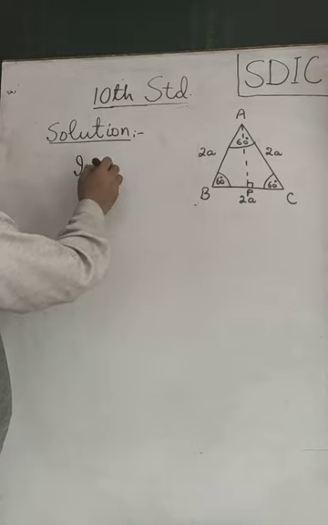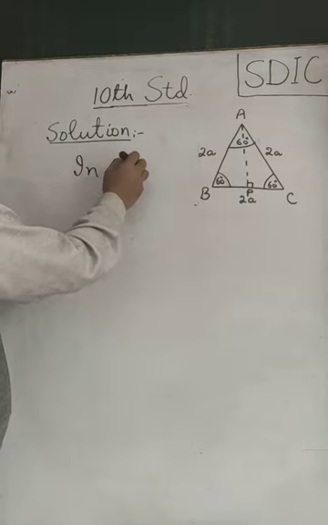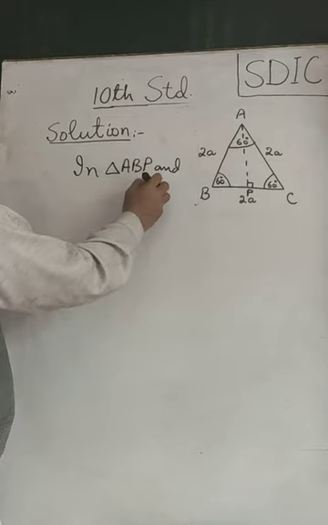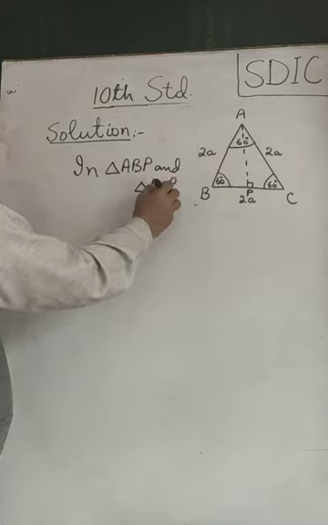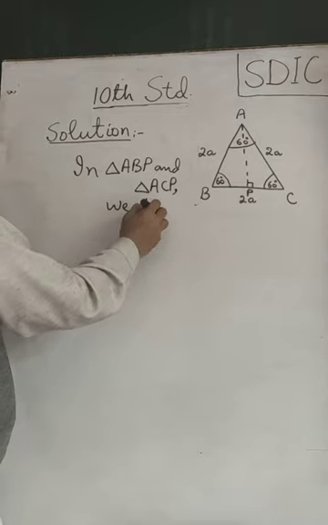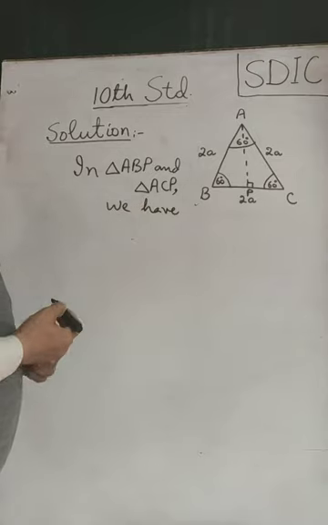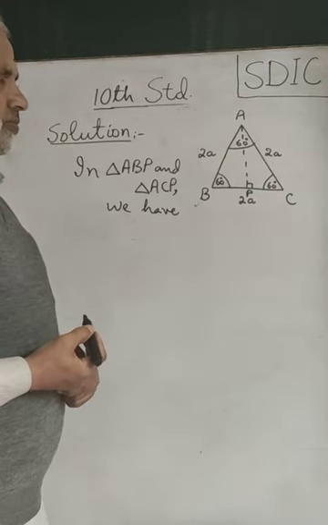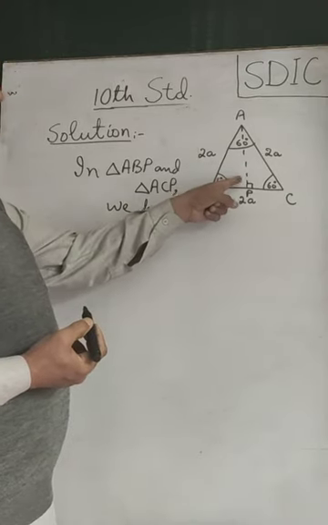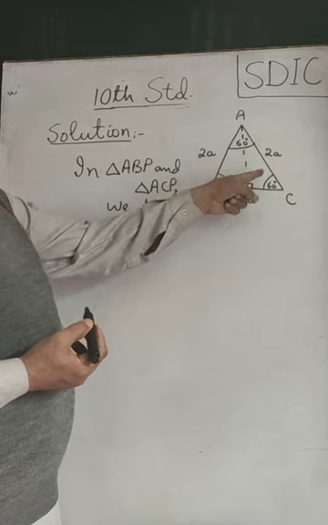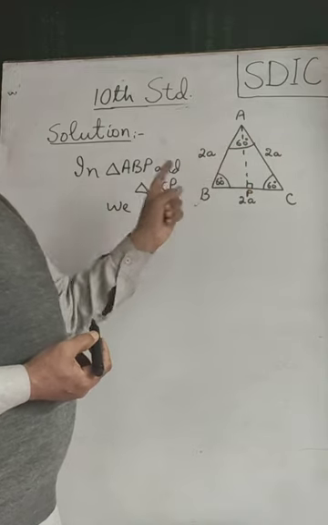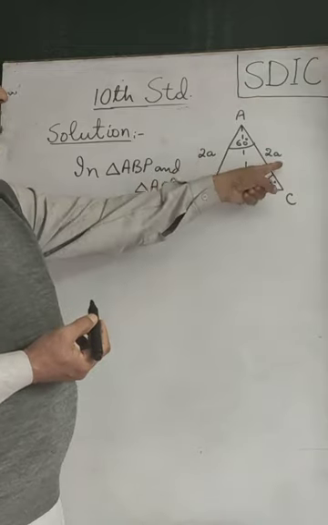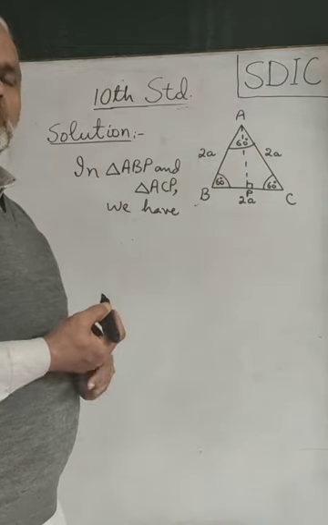In triangle ABP and triangle ACP, we have to prove congruency. Look, we have in these two triangles AP as the common side. We have side AB equal to AC, each is 2a, sides of equilateral triangle.